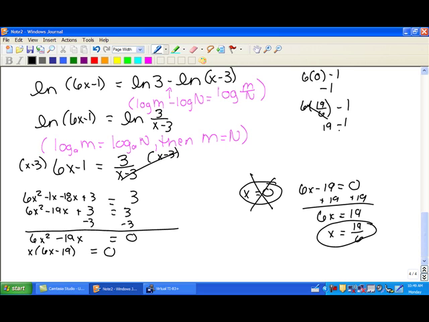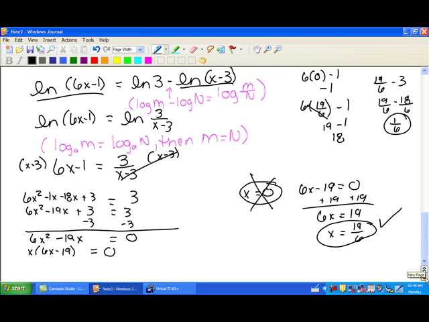That's going to be 19 minus 1, or 18. It works in the first logarithm. That's a positive number. In the last logarithm, if we have 19 over 6 minus 3, that's going to be 19 over 6 minus 18 over 6, which is going to be just 1/6, which is still positive. So 19 over 6 is going to be our only answer in that problem.